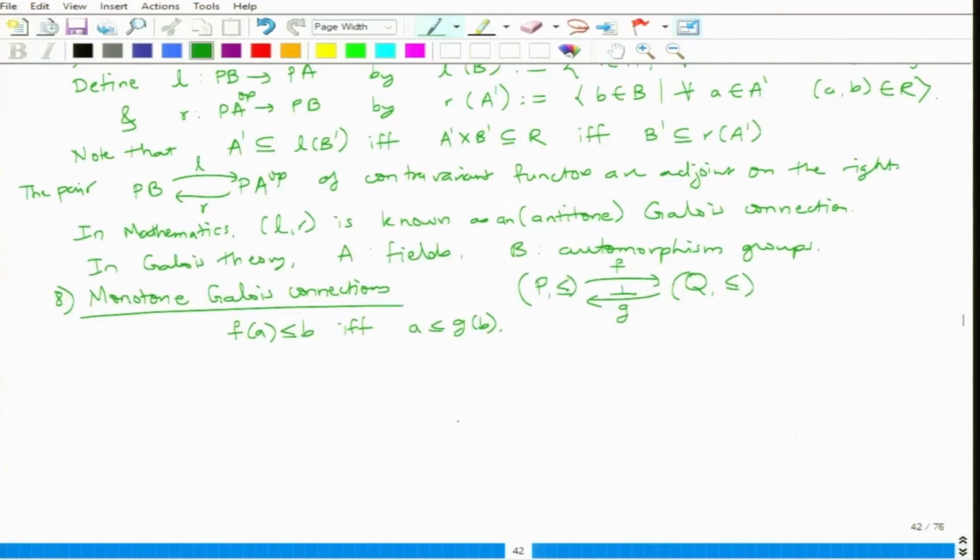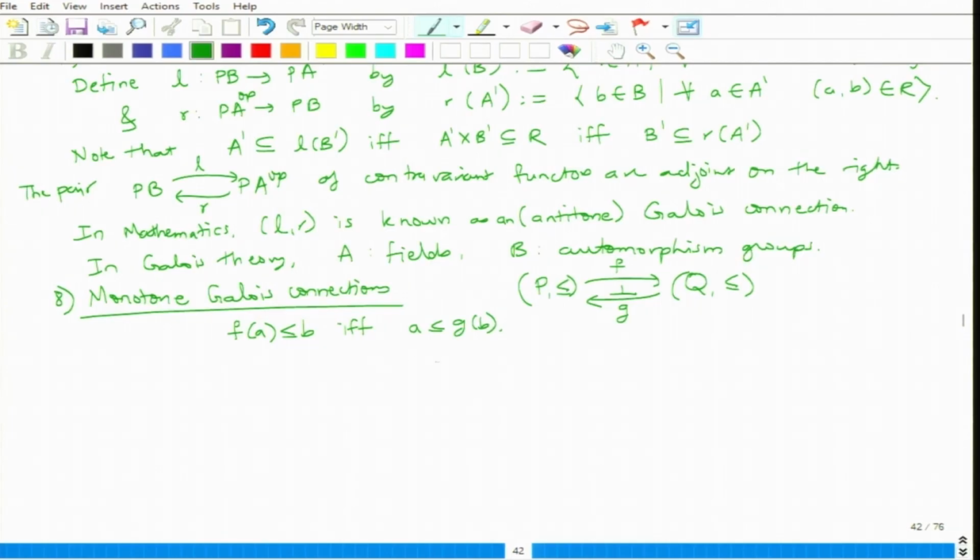But because we have this, we also have something more. What can you say about A and GFA? GF is monotone, because G and F are both monotone maps. A is less equal GF of A. Correct.